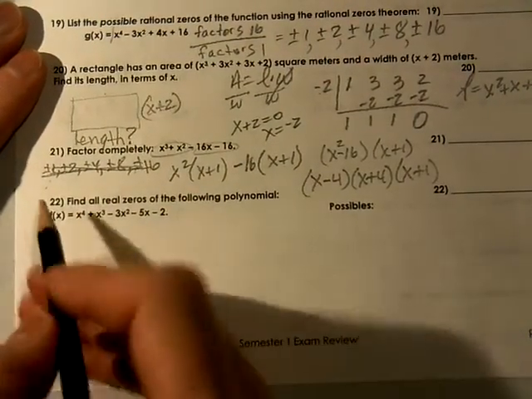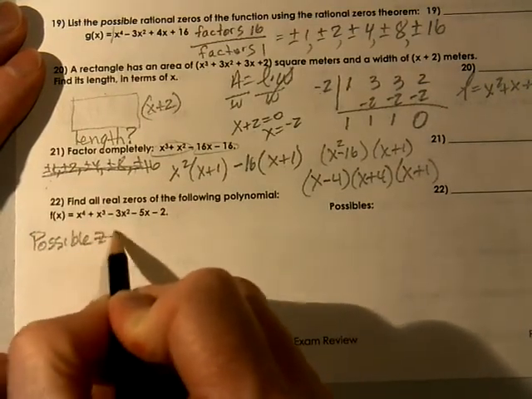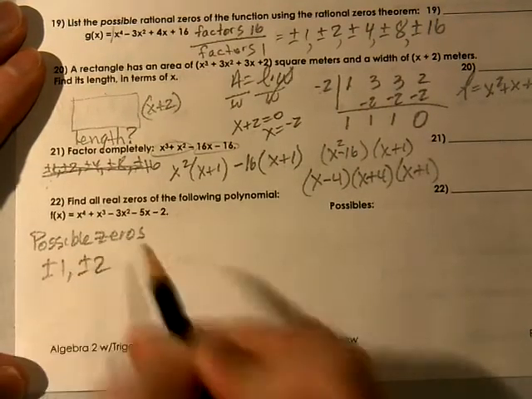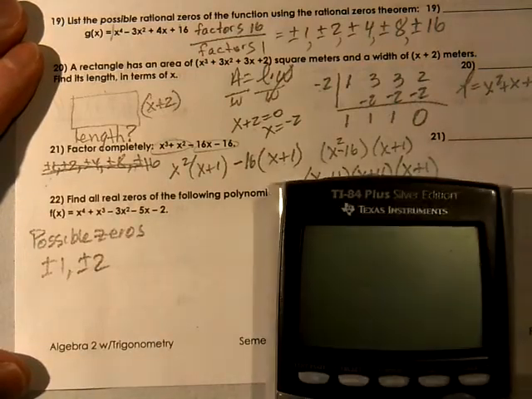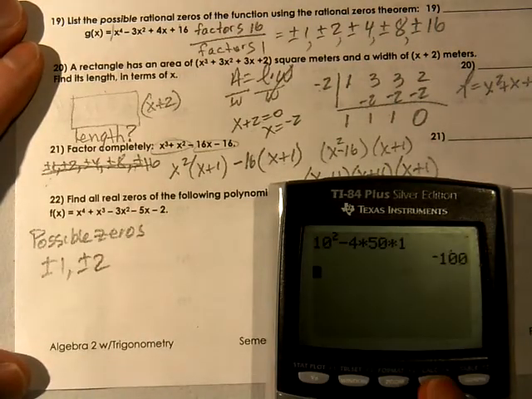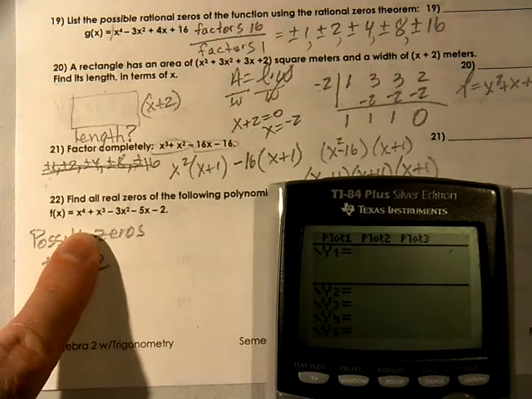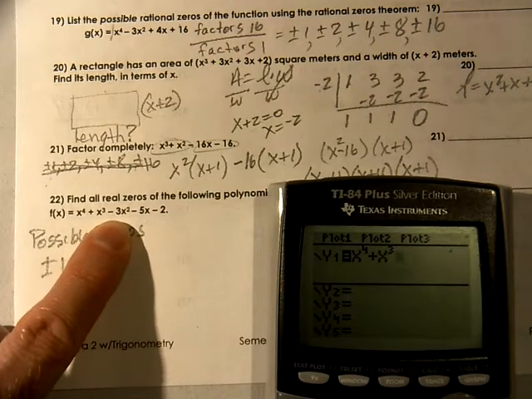Now we'll look here for the possible zeros. It would just be plus or minus 1 and plus or minus 2. So what we can do to help us out, we could just randomly guess, just using those numbers, which would be completely fine because there's not too many choices.